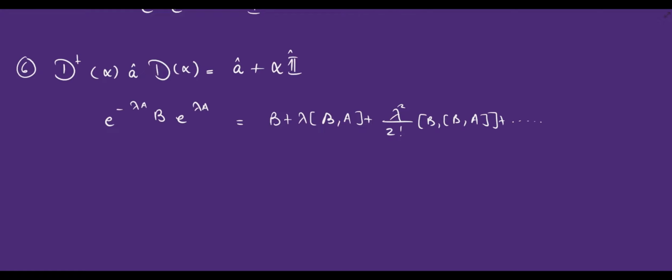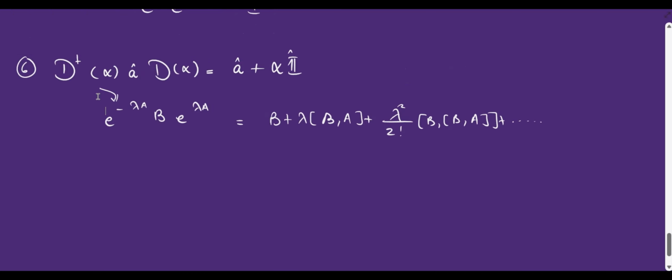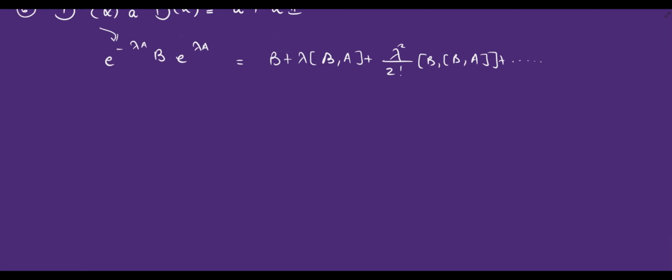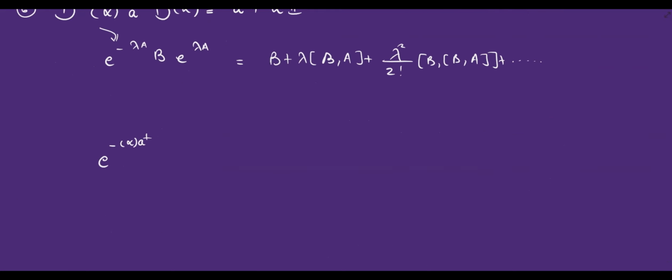plus and so on. I use that here because d dagger alpha is equal to d of minus alpha from the previous properties. So I can write this as e raised to minus alpha a dagger, or let's take this minus inside, minus of alpha star a, e raised to alpha a dagger minus alpha star a.